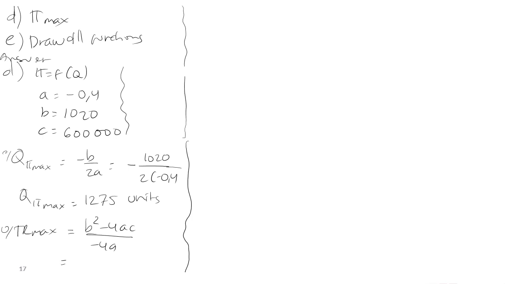So b squared, 1020 squared, minus 4 times minus 0.4 times 600,000, over minus 4 times minus 0.4. So this is positive. I'm sorry, it should be P max.